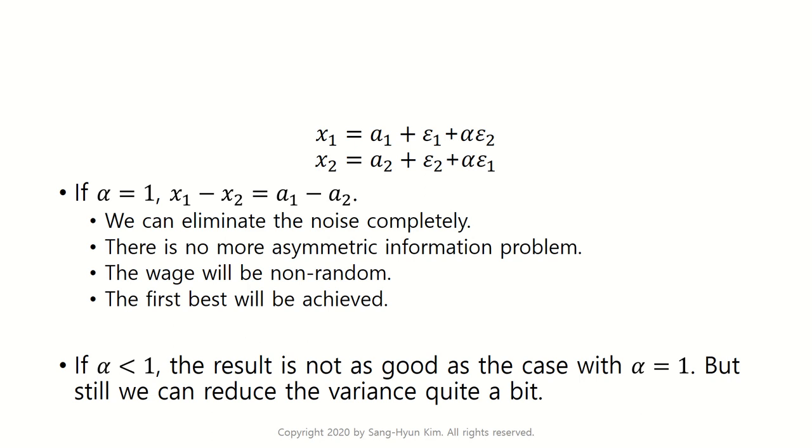Then if alpha is smaller than 1, the result is not as good as the case with alpha equals 1, but still we can reduce the variance of the wage quite a bit. What that means is the principal can provide a better insurance, which in that case the principal can provide a stronger incentive as well. So overall the efficiency will be improved.